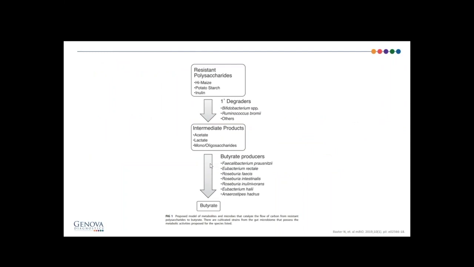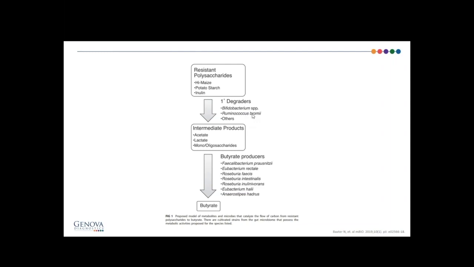I really like this slide because it shows us how the bacteria depend on each other to function. This example shown here is referred to as cross-feeding. You can see that there's substrate that's getting degraded by these primary degraders, Bifidobacterium and Ruminococcus, that we measure on our 24 Commensal page.